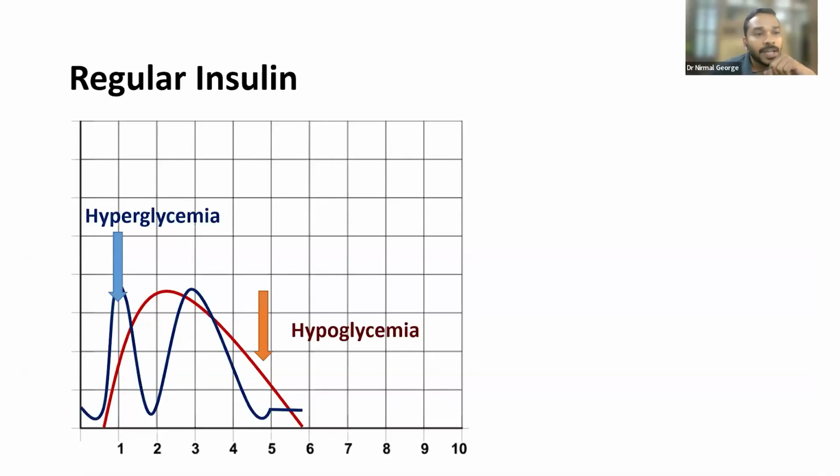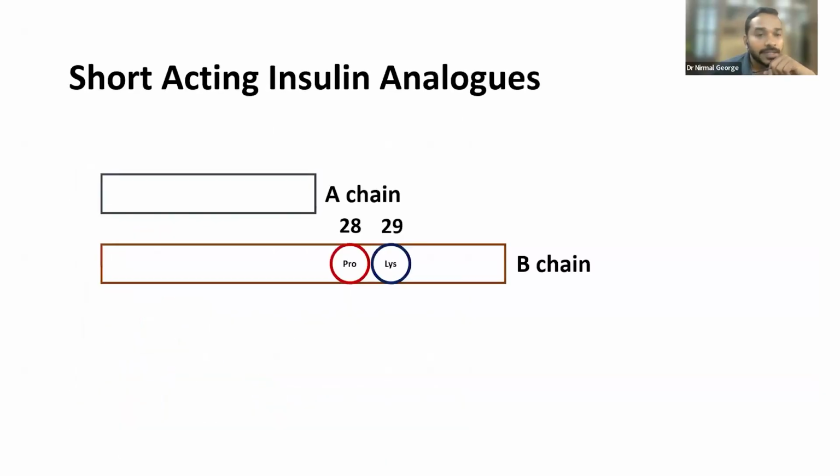So to overcome that, we have created something known as short-acting insulin analogs. We have made modifications in the amino acid sequence of insulin so that it will have a better profile, similar to the physiological insulin secretion. Insulin has an A chain and a B chain, and in the 28th position of the B chain there is a proline, and in the 29th position there is a lysine.